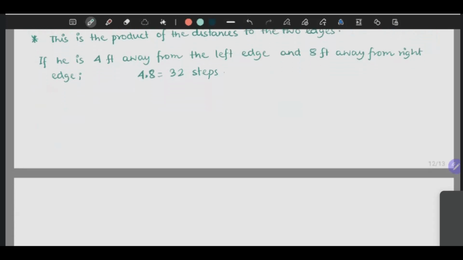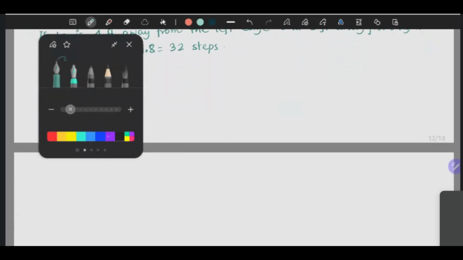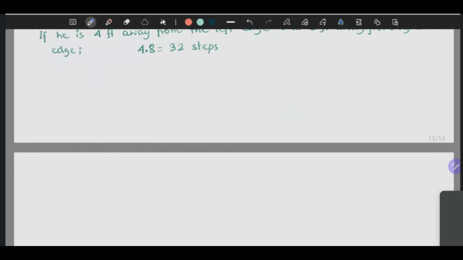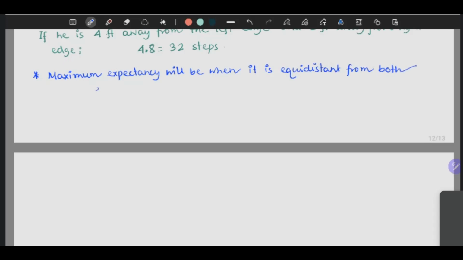So now let's make this problem a little bit more interesting. Now, the maximum life expectancy will be when he is equidistant from both edges.